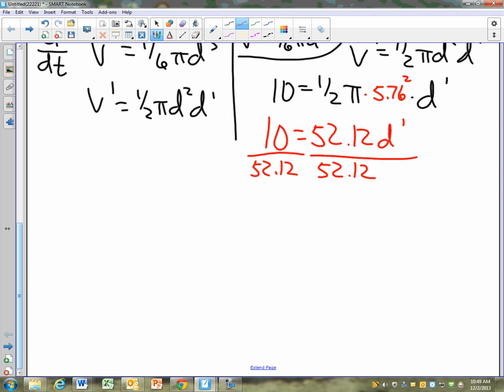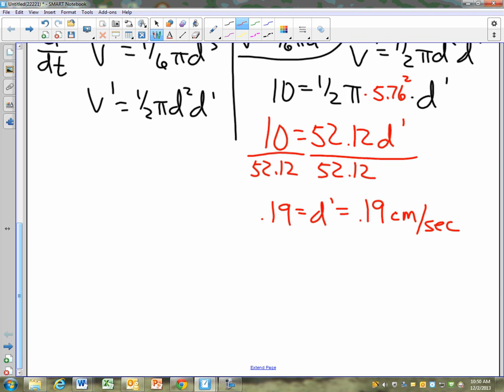That gives 0.19. So the rate of change of the diameter is 0.19. What are the units? 0.19 centimeters per second.